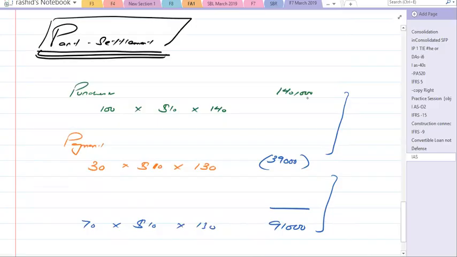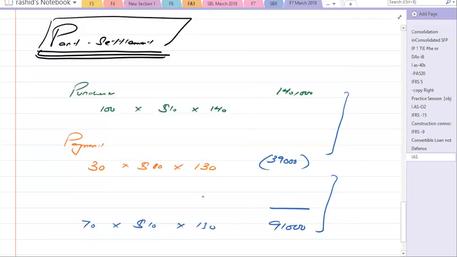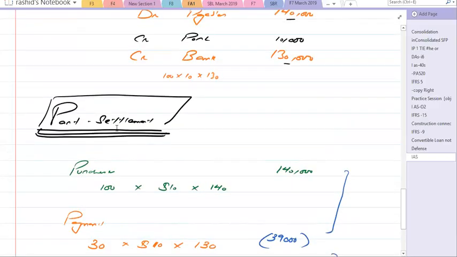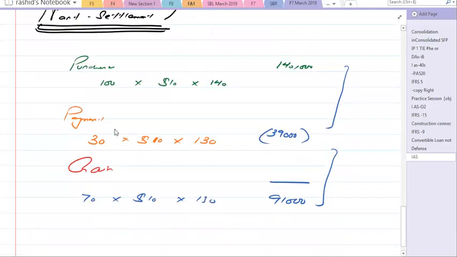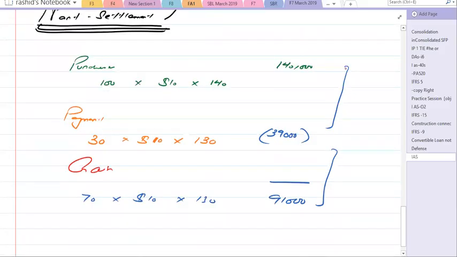So 140,000 minus 39,000 gives you 1,01,000. And compared to this 91,000, then you will have the gain. So when you have the part settlement, what you simply have to do is compare that with the closing liability.